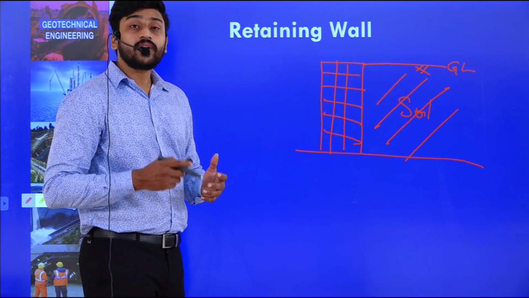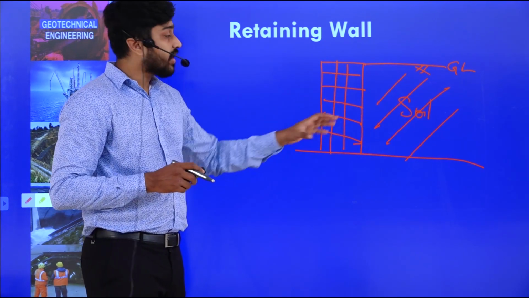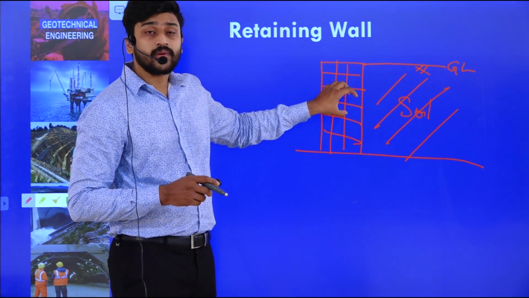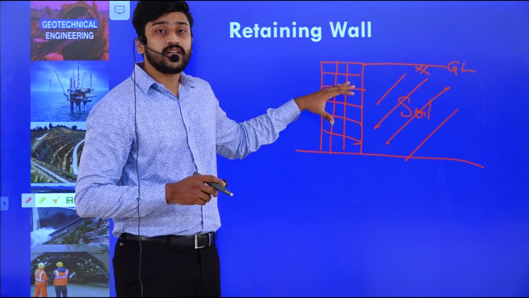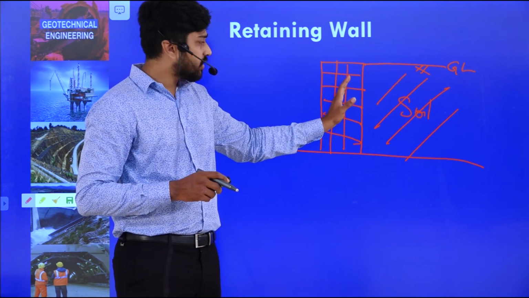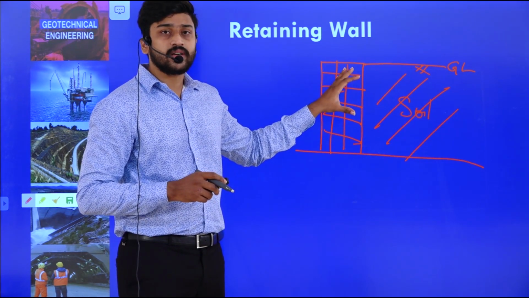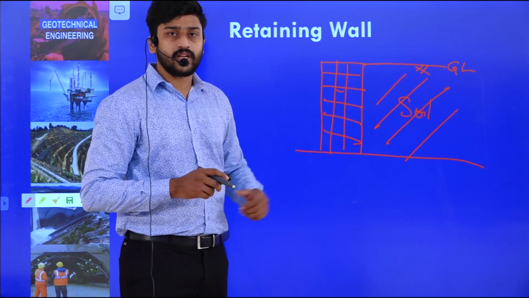What we consider here is the line of action of the force, that means the magnitude as well as the line of action on this retaining wall, so that there will be some movement of the retaining wall. So that is one entity. We will consider some of the factors in the design of a retaining wall.